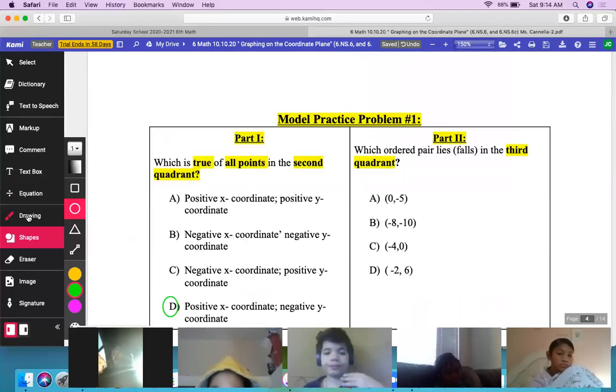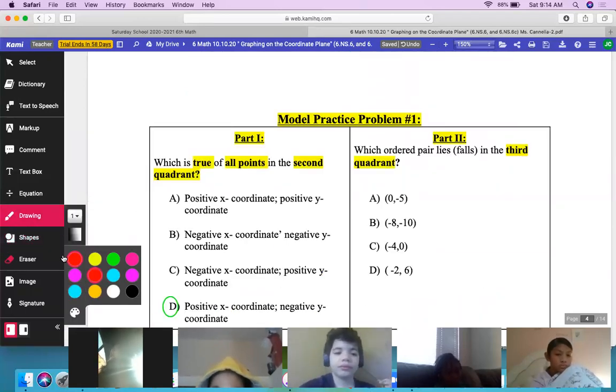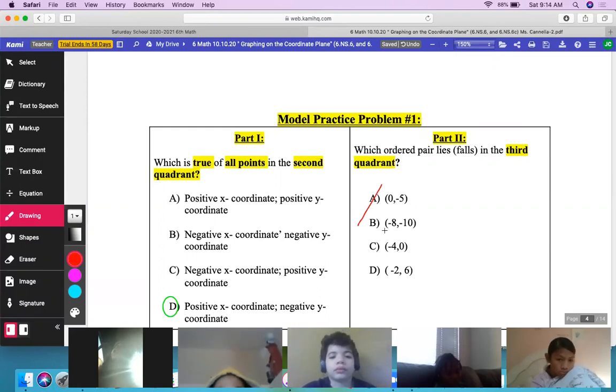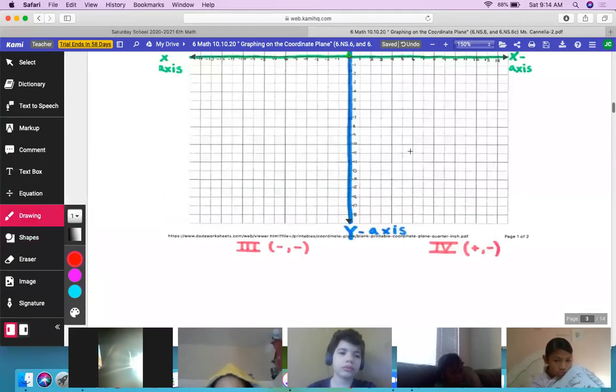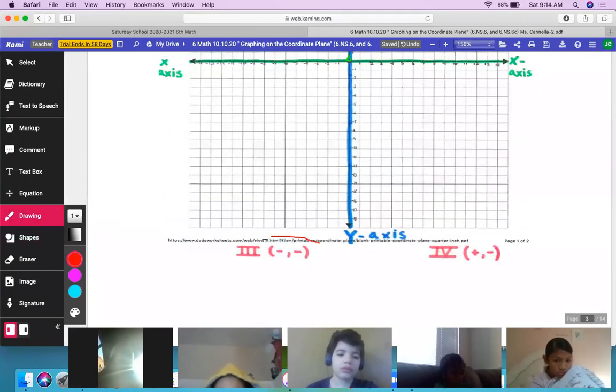So let's go cross that off, okay? For this part, you're going to have to graph. Let's go try -8. We want the third quadrant, right? So -8, -10. So we know that the third quadrant has to be a -x and a -y, Branson. So which ordered pair has a -x and a -y?